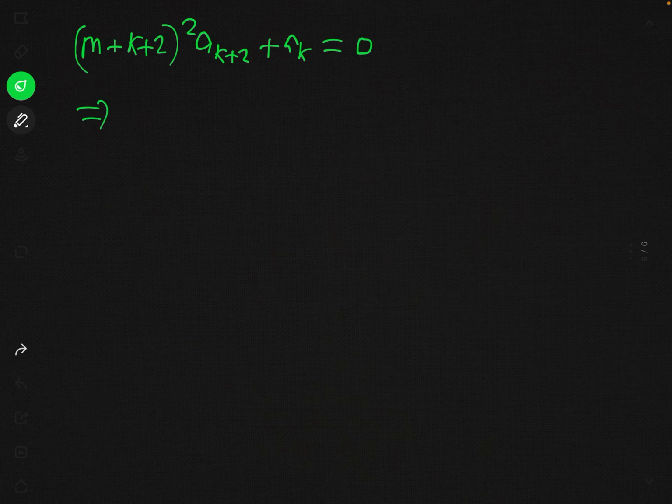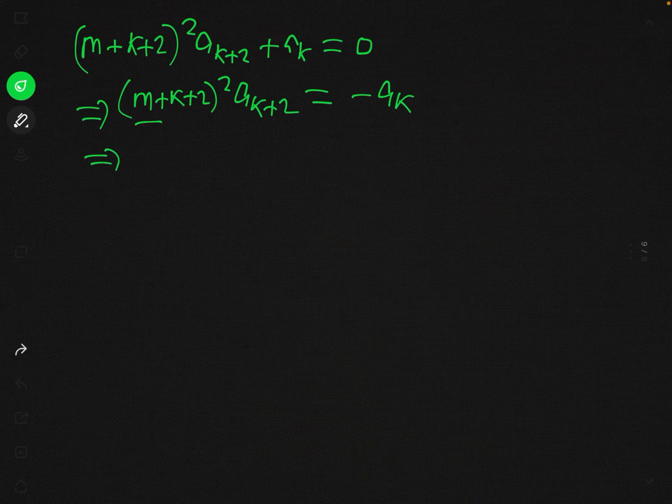You can see that m plus k plus 2 whole square times a k plus 2 is equal to minus ak. And you know this m is equal to 0.